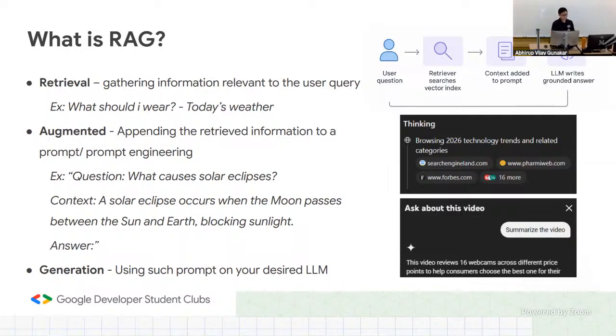So for example, here, the question is: what caused the solar eclipse? And after you retrieve the context, which is: a solar eclipse occurs when the moon passes between the sun and earth, blocking sunlight, you just put that context in the middle and then give it all to your LLM. Then it will use that context to properly answer your question. And finally, generation: it's just using the prompt on your own LLM.